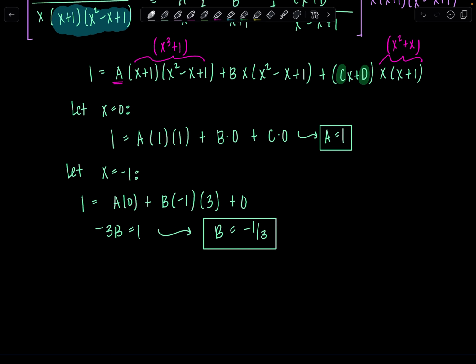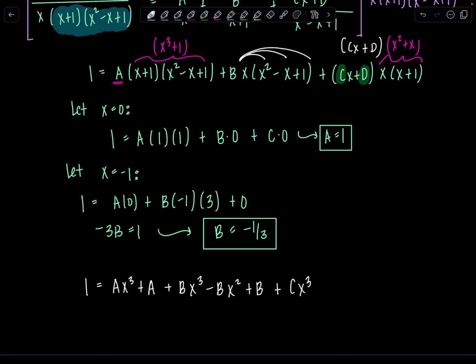So now I'm going to have 1 equals A times x cubed plus 1 is Ax cubed plus A, plus, and then this will distribute now, Bx cubed minus Bx squared plus B, plus, and then I'm going to take Cx plus D and FOIL it, right, with x squared plus x. So then that'll give me Cx cubed plus Cx squared plus Dx squared plus Dx. How are we doing?